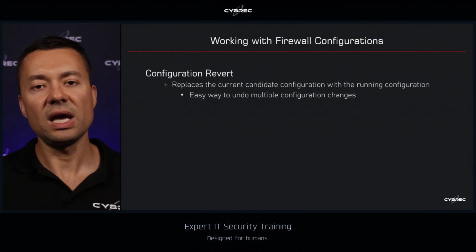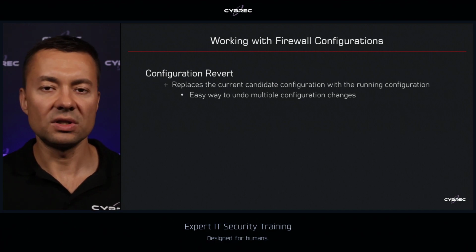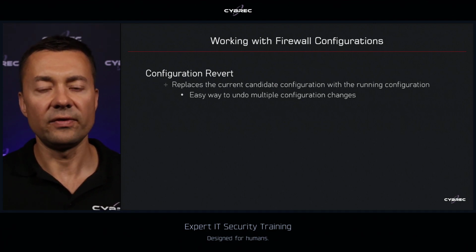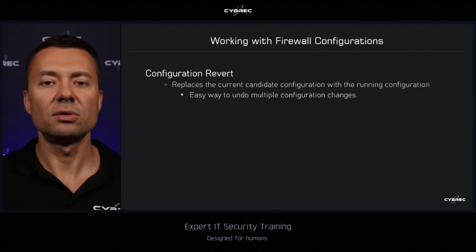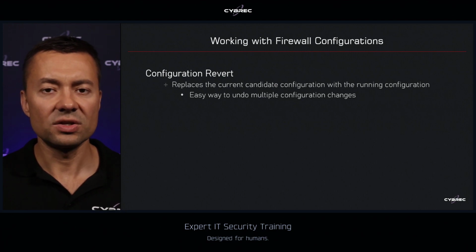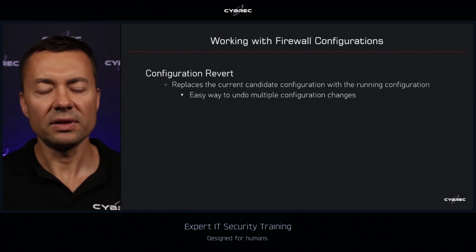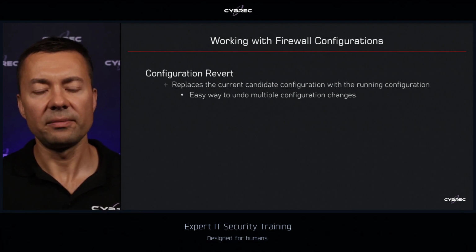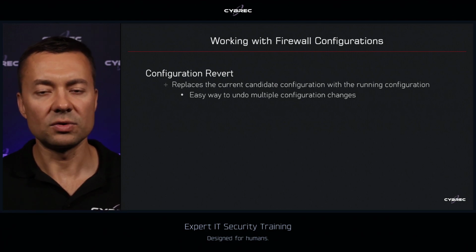Obviously, one way to undo the changes you made is to go to the GUI or use the command line and remove the configuration settings, undoing the changes manually. But if you've made 10, 20 changes, you may not remember exactly what you made. If you want to fall back to the previous version, the fastest way is to do a revert, which is going to undo all changes you made since the last commit.